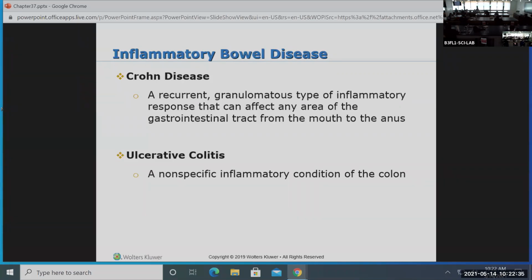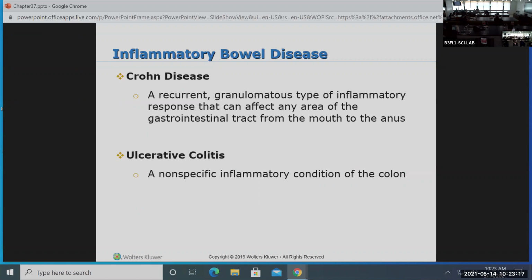Crohn's disease is a recurrent granulomatous type of inflammatory response that may affect any area of the GI tract, from the mouth to the anus, but the most common site is the small intestine, and they do produce what we call skip lesions. Crohn's disease.